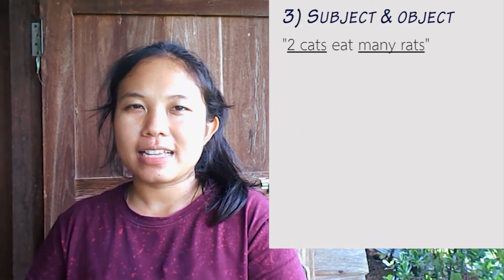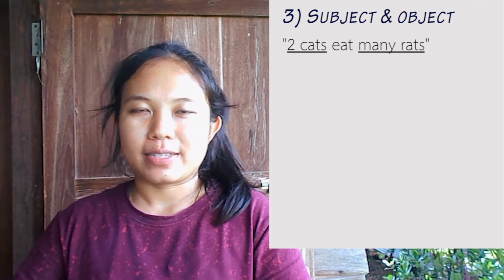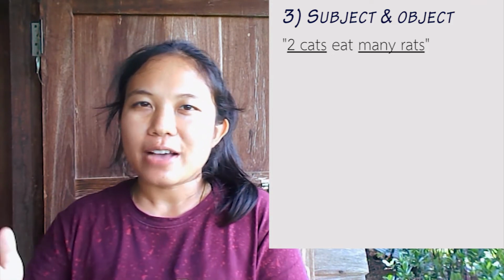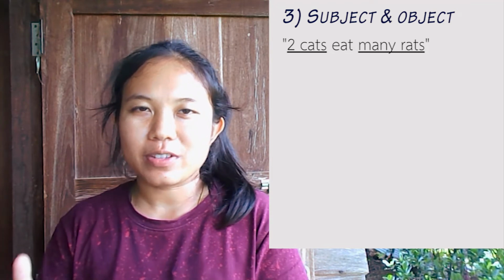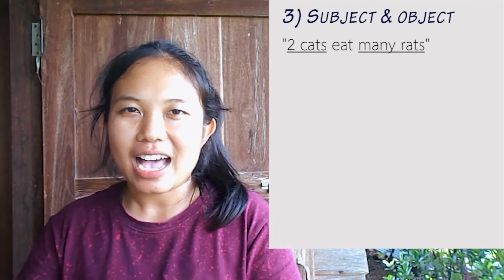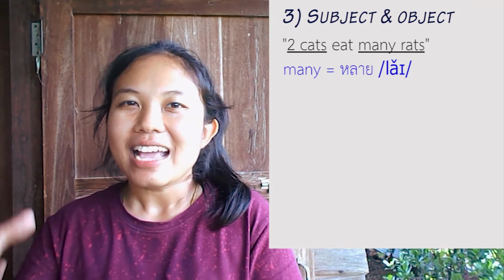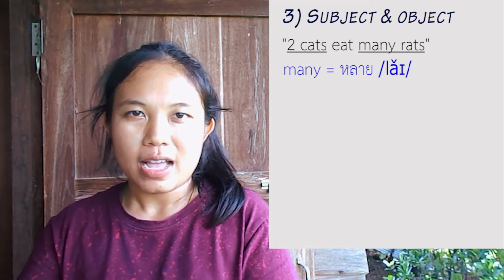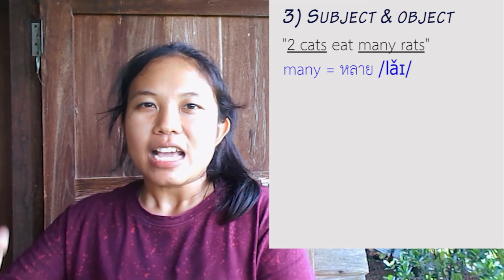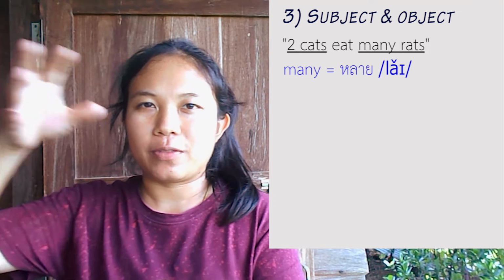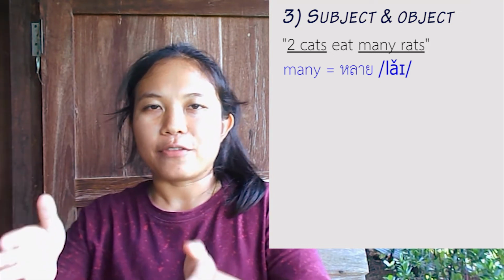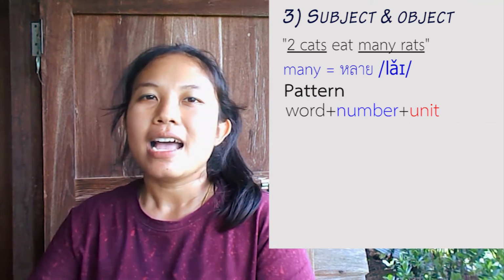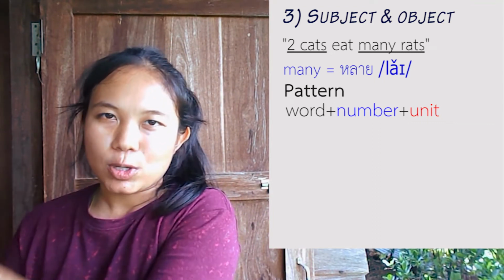Now we move on to the object position. The object position is the phrase that we studied about, that is many rats. We have studied about it already. When we want to say many in Thai, we can use the word หลาย, which functions as an adjective. So we put หลาย in front of the unit of the noun. We have the pattern that we studied, that is the word, the number position, and then the unit.